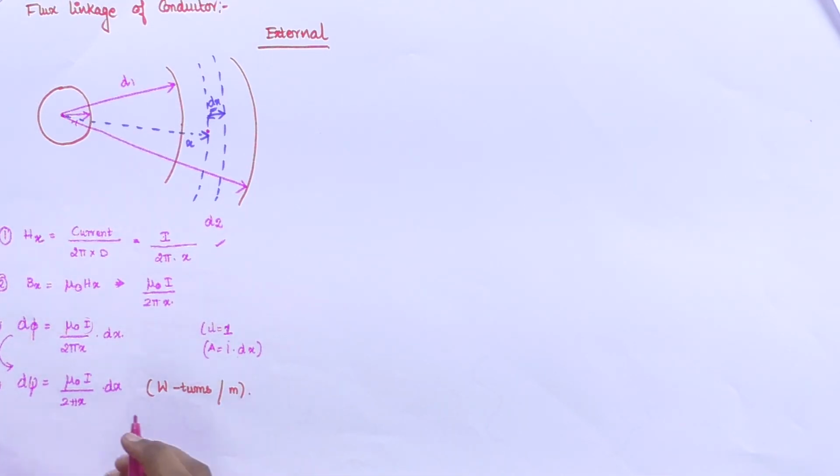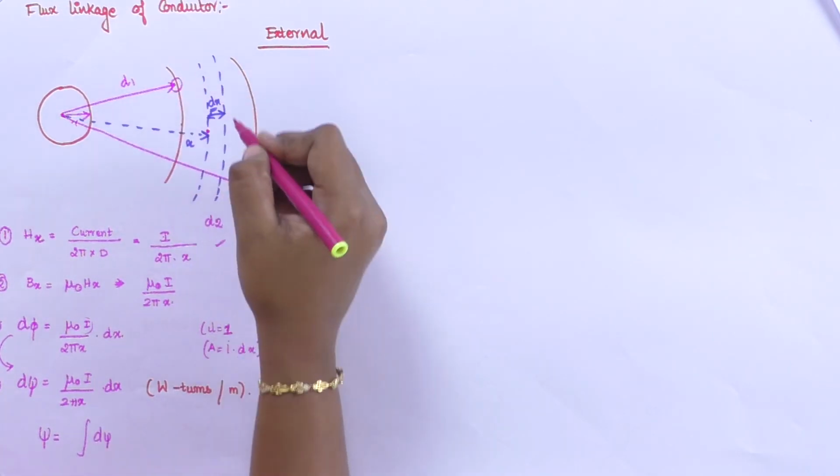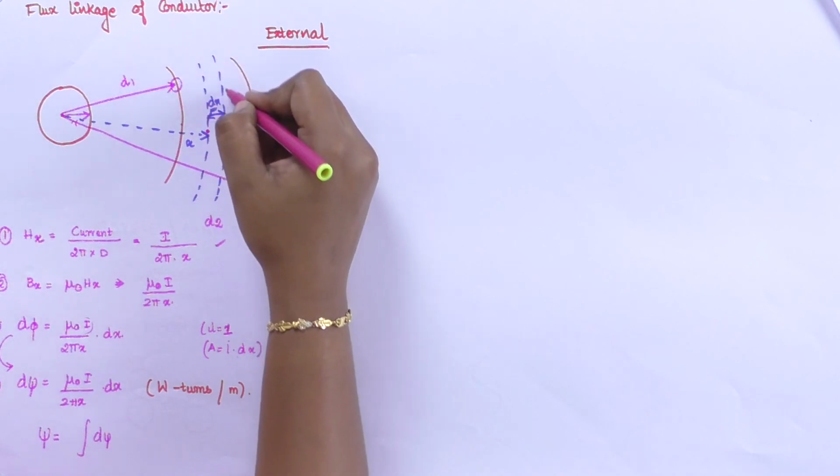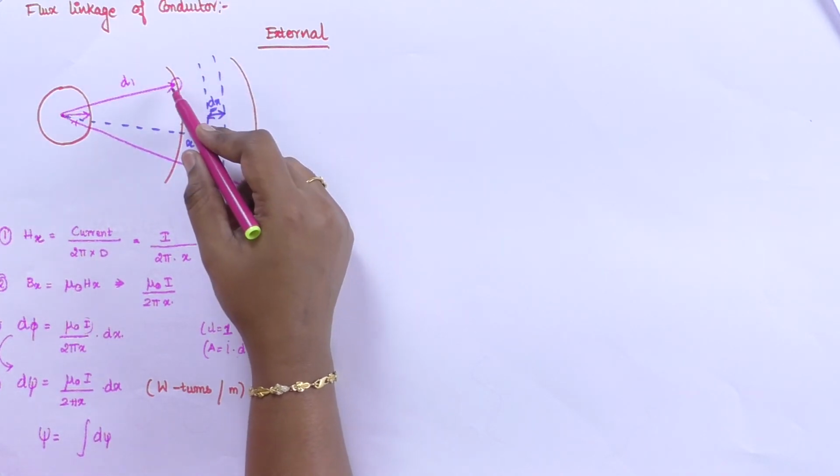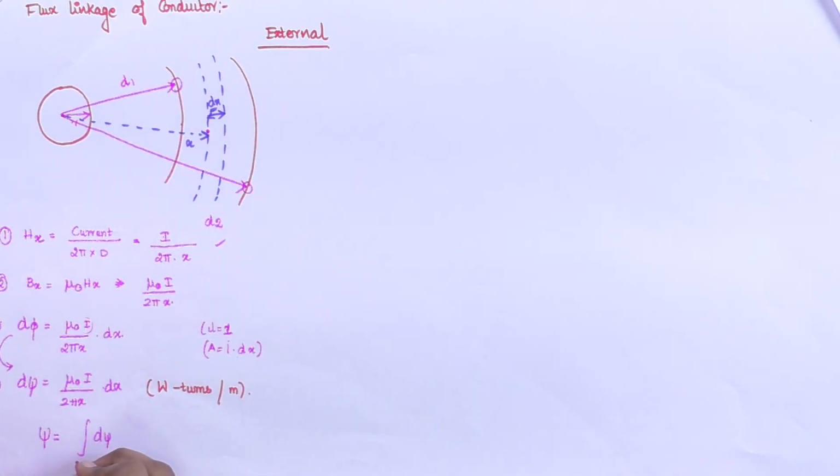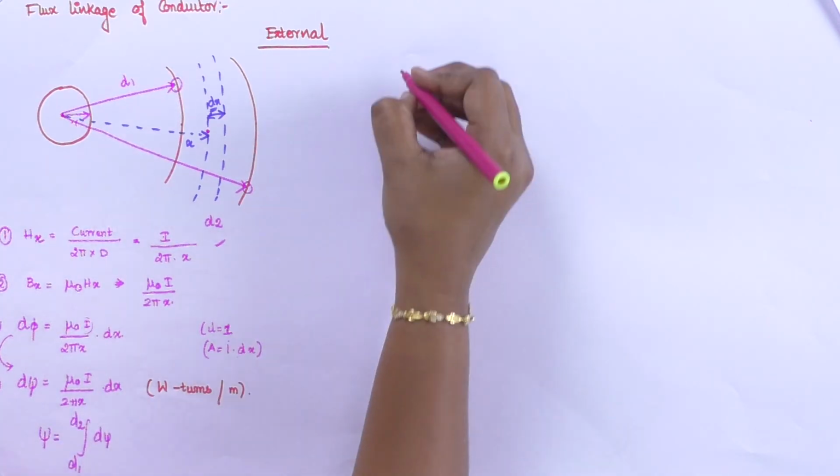Fine. Now we have to locate the integration limits in order to calculate the psi value. So psi value is equal to the integral of d psi with the limits d1 to d2, because the region where we are calculating the flux is in between the points d1 and d2. So the limits will be d1 and d2.